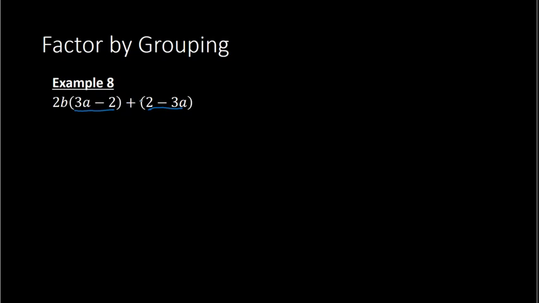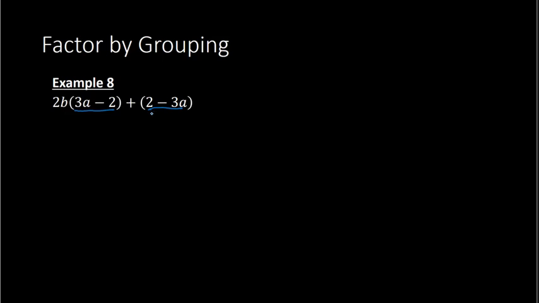Notice that the only thing different is the sign. Here's a positive 3a and a negative 2. Here's a negative 3a and a positive 2. So these are opposites. So what I can do is I can force them to be the same so that I can factor by grouping.